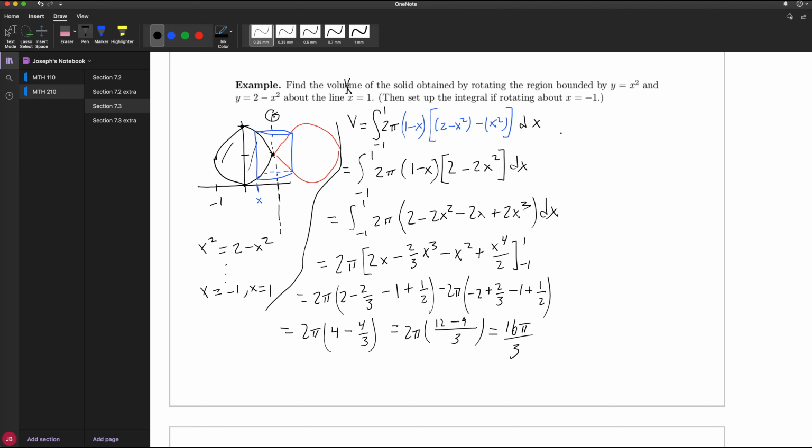Now you'll notice I left some room here on the side, and that's because what we need to do is set up the integral of rotating about the line x equals -1. So let's switch to green, and now let's, well, okay, good enough. Let's pretend we're rotating about x equals -1, this vertical line here.